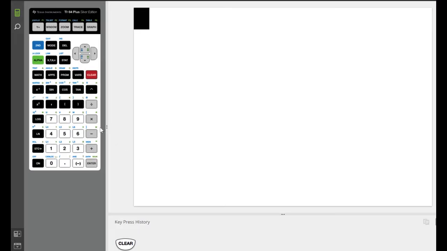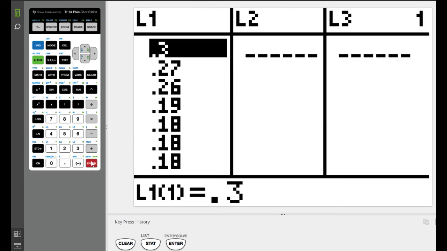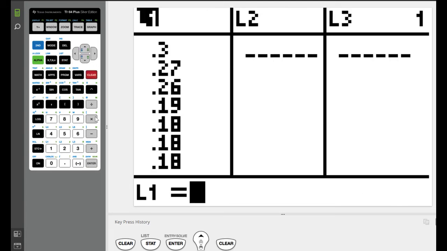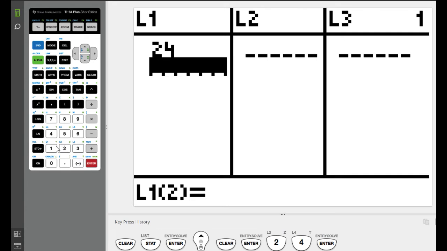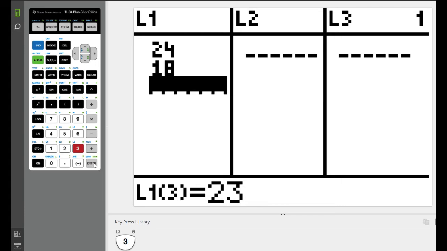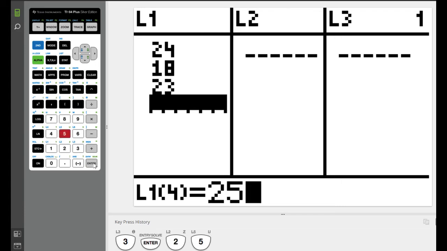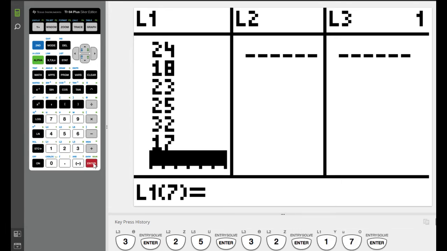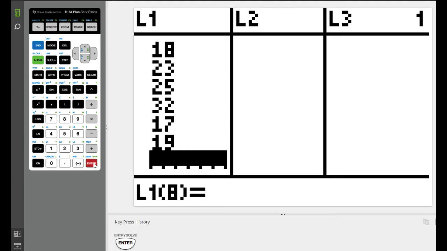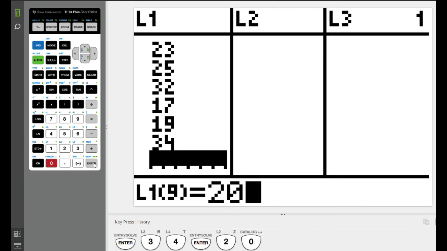Okay, so let's do exactly that. Let's pull up our calculator. Stat, edit. I've written down the values, so I'm just going to put them in. L1 is 24, 18, 23, 25, 32, 17, 19, 34, 20, 19.